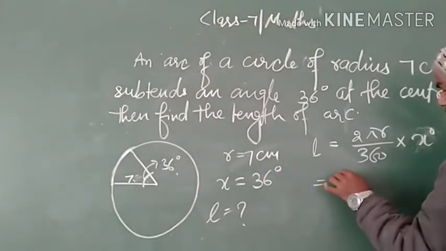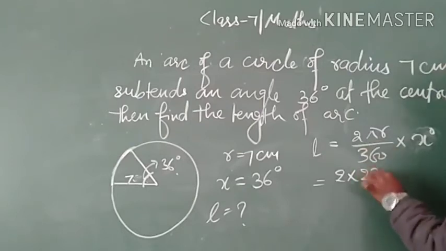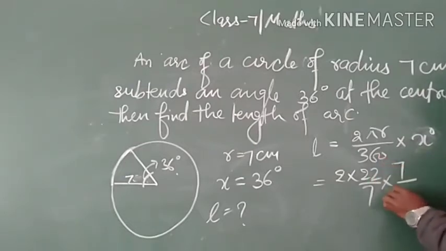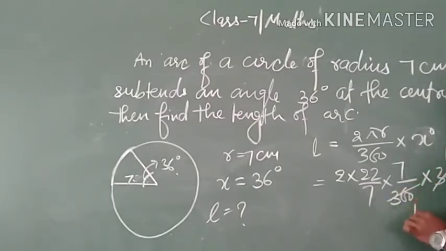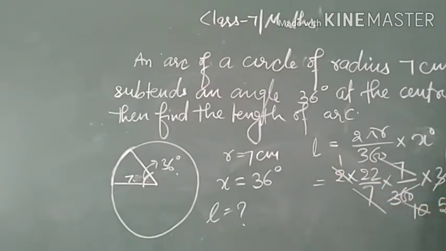So here we shall write 2 into the value of pi, which is 22 upon 7, multiplied by the value of r, that is 7, upon 360, and multiplied by 36. 36 1 is 36 and 36 10 is 360. 7 and 7 get cancelled out. 2 1 are 2 and 2 5 are 10.